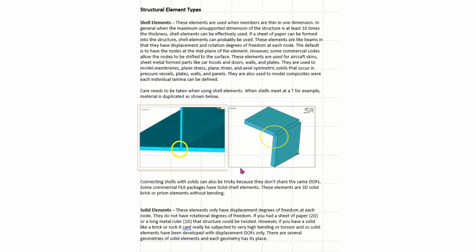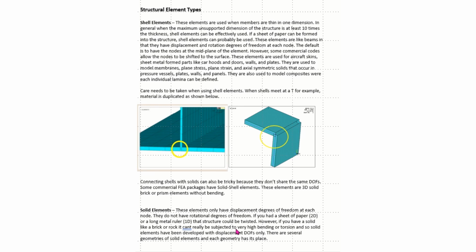So this is nice because we can couple shells and beams because they both have translations and rotations. But we're going to see in a minute that solid elements do not have rotations. They only allow translations. And so to couple shell elements to solid elements can be tricky, and we need to set constraint equations that reduce and limit the rotation at the nodes that couple to the solid elements.